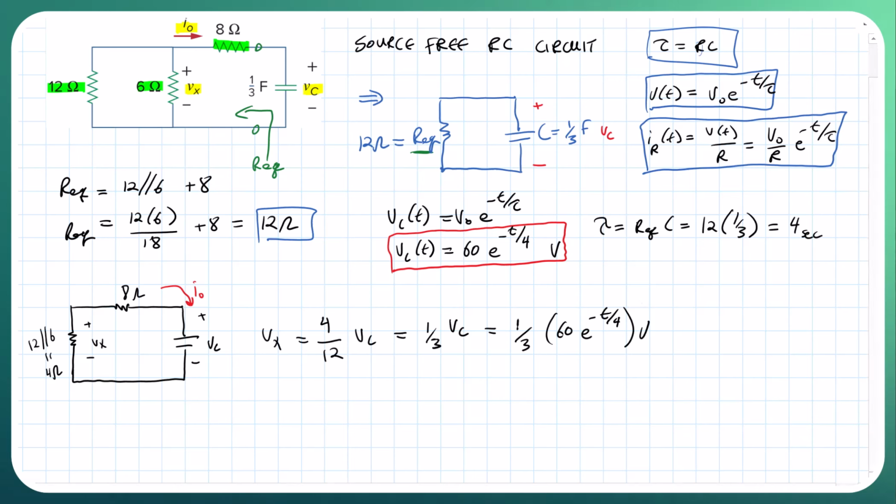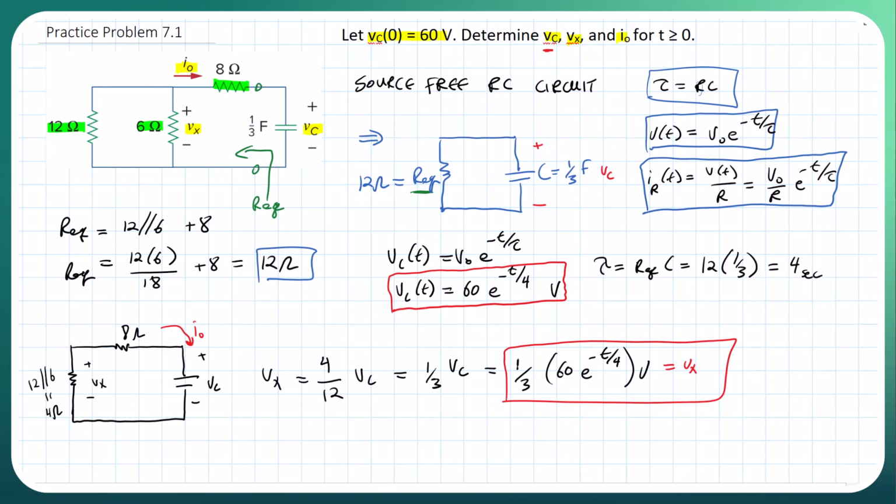So now we have V sub x. The next part is solving for I naught, and then we have the equation for that as well.